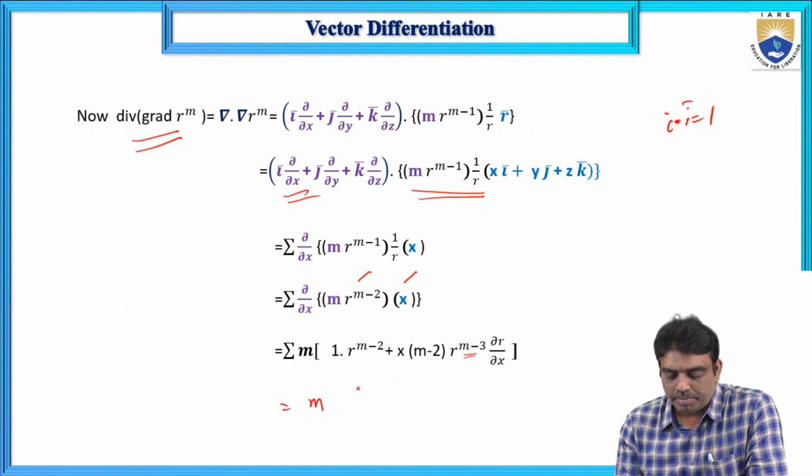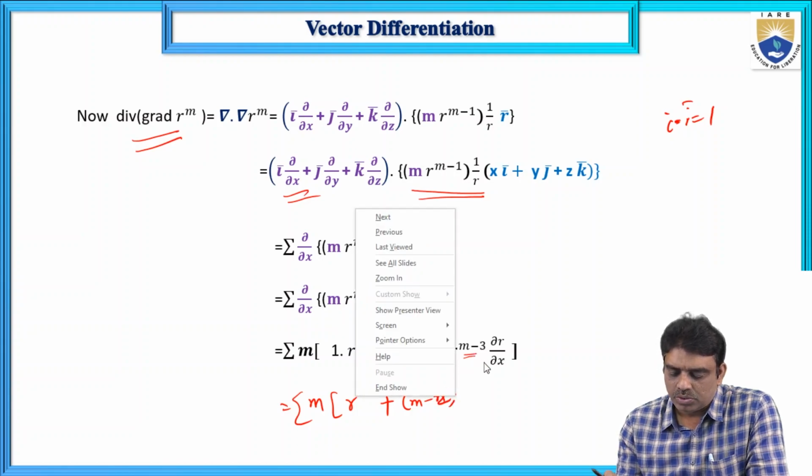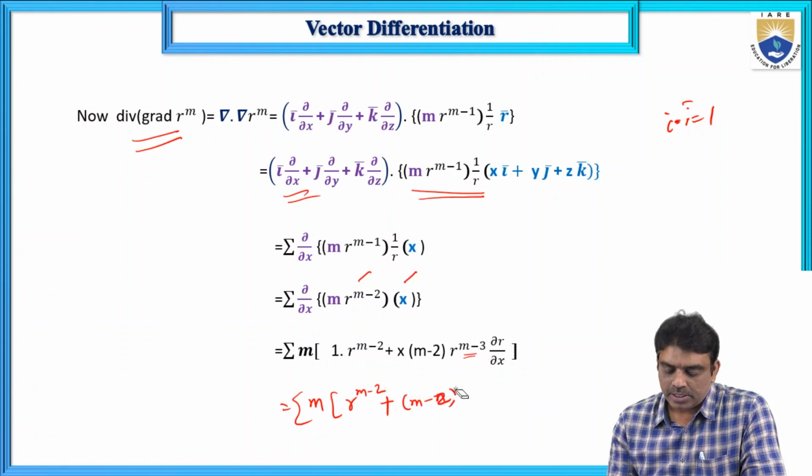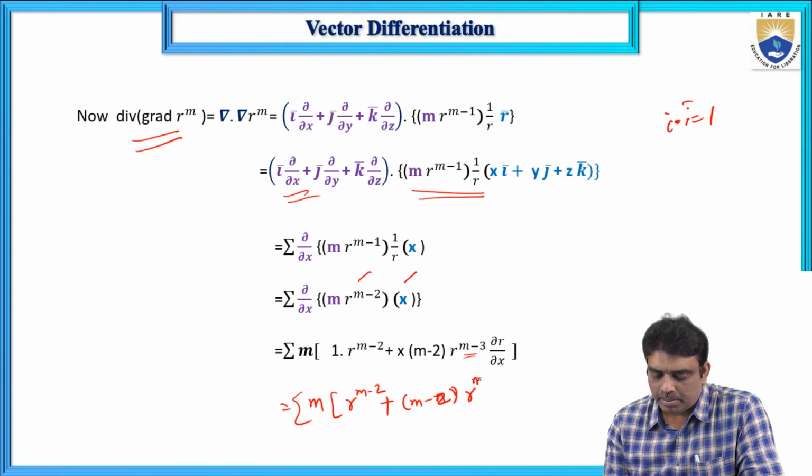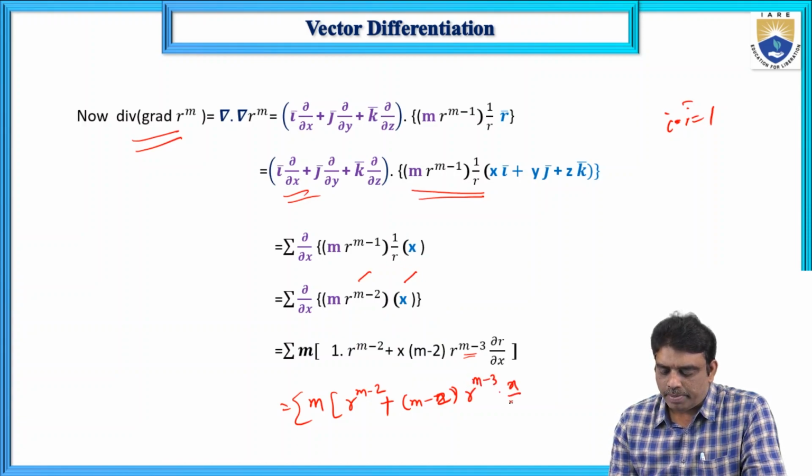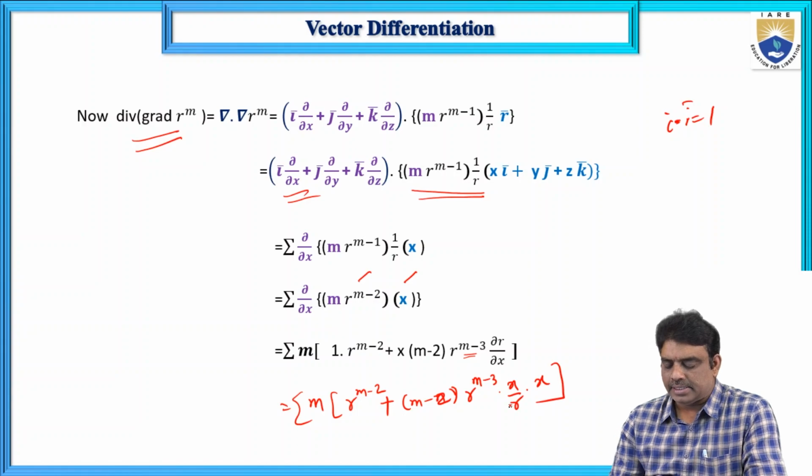So what you will get is m times the sum of r^(m-2) plus (m-2) r^(m-3), and ∂r/∂x is x/r, and x is already there.